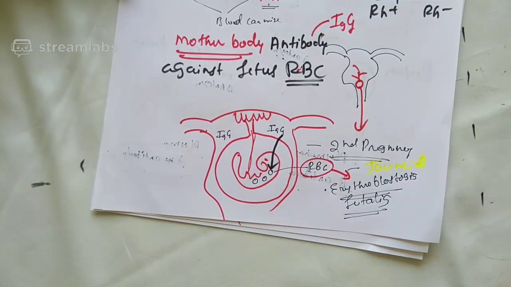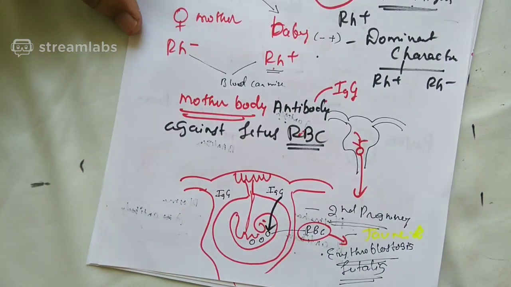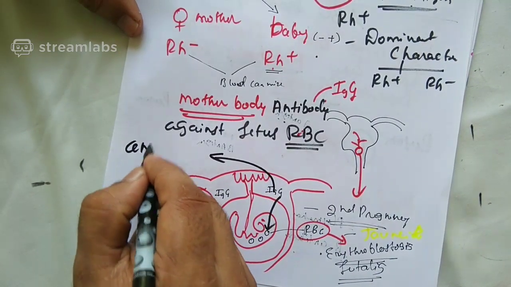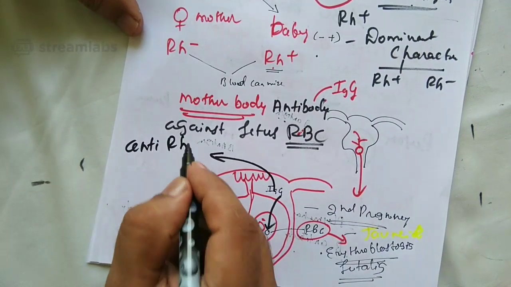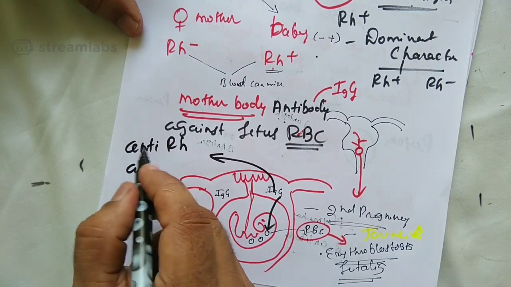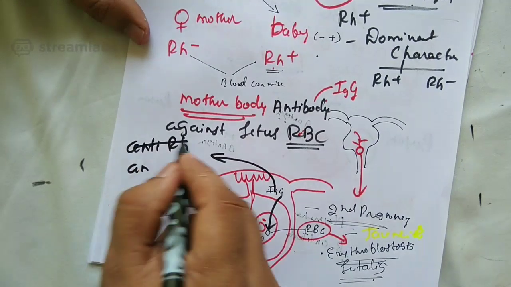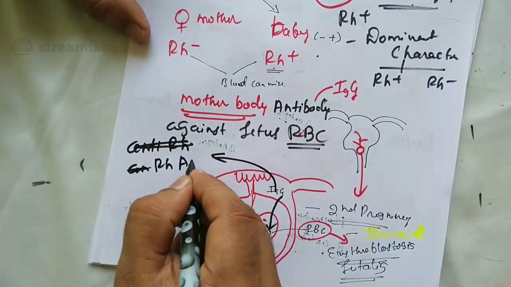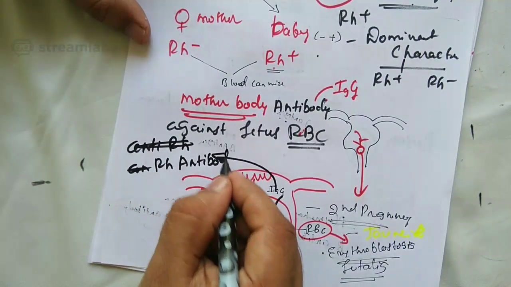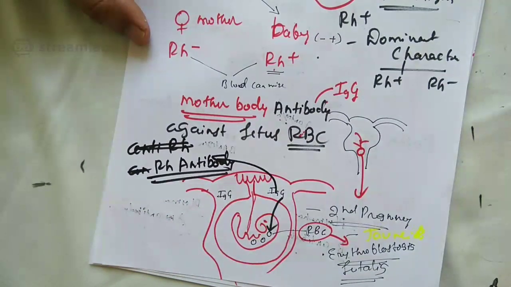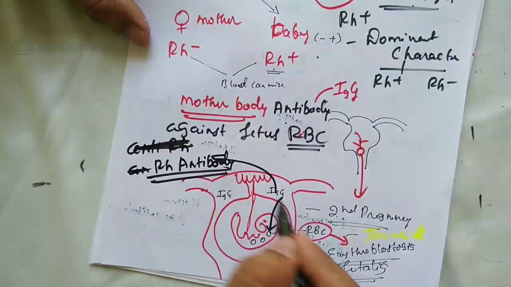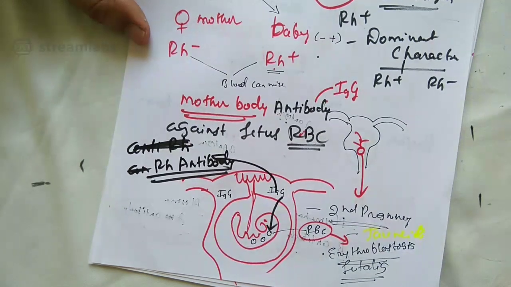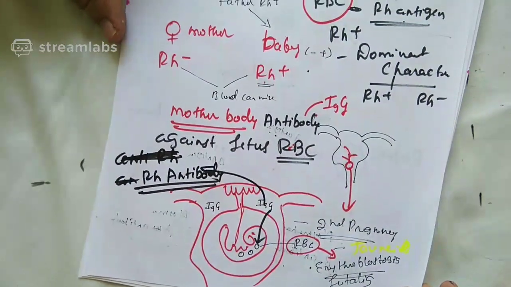The baby can get jaundice and baby can die because of the rupturing of the RBC, which is attacked by the antibody IgG. So this IgG antibody is called anti-Rh, means against, it's called Rh antibody. This IgG is against the RBC of the fetus. So how to save?